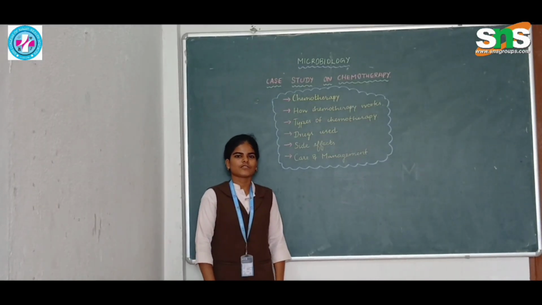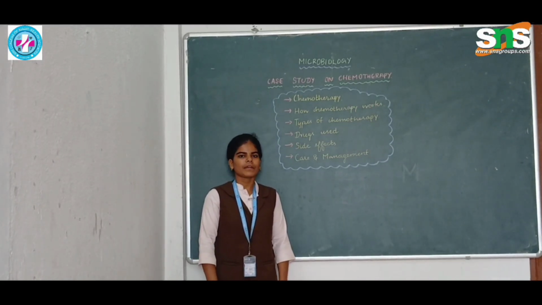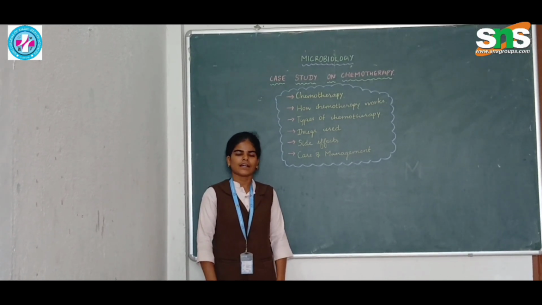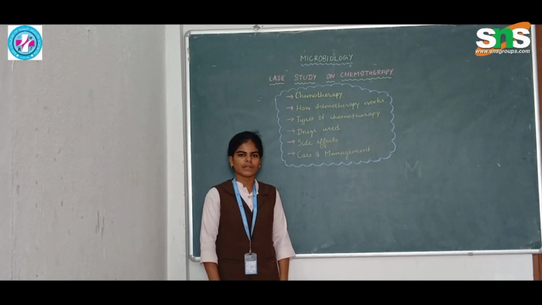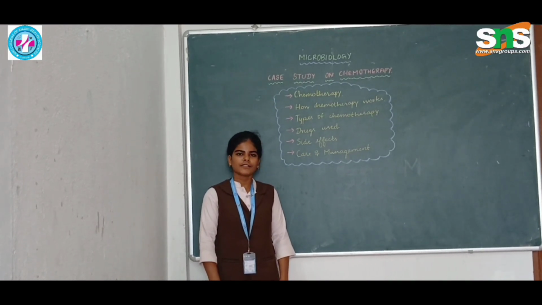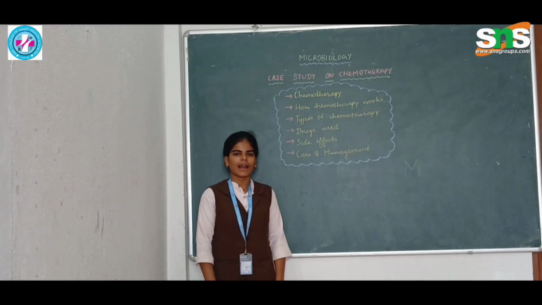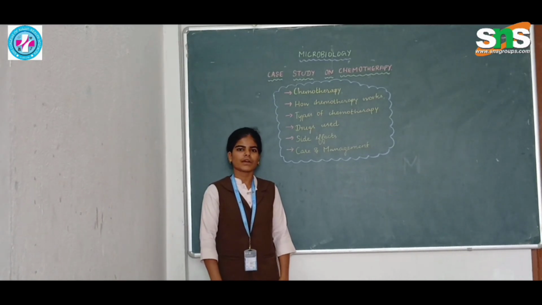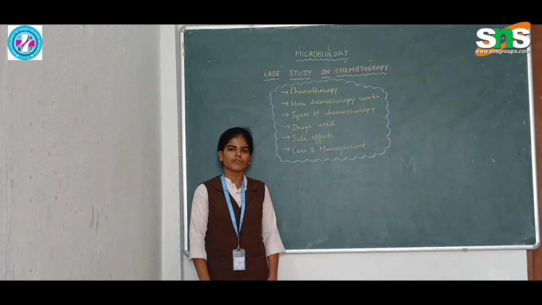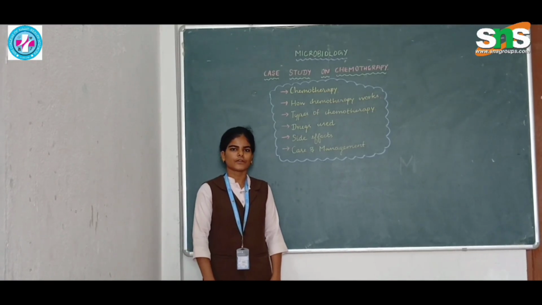Coming to the stages of chemotherapy. It can be given in different ways based on the stages of disease: adjuvant chemotherapy, neoadjuvant chemotherapy, curative chemotherapy and palliative chemotherapy. Adjuvant chemotherapy is given after the surgery to destroy the remaining cells. Neoadjuvant chemotherapy is given before the surgery to shrink the tumor.